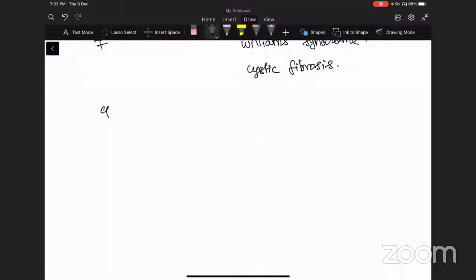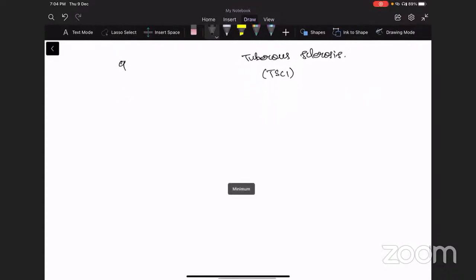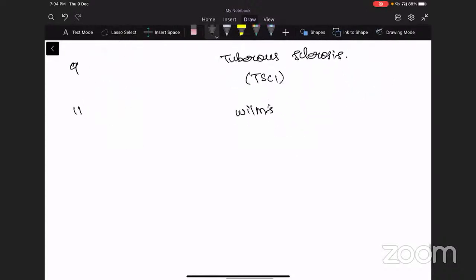Chromosome number 9, tuberous sclerosis, TSC1. Yes, Karishma, chromosome number 7, cystic fibrosis.